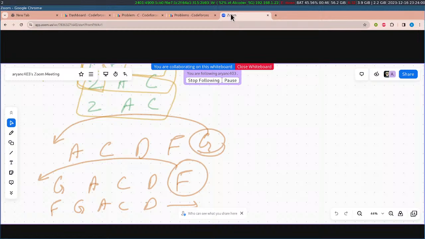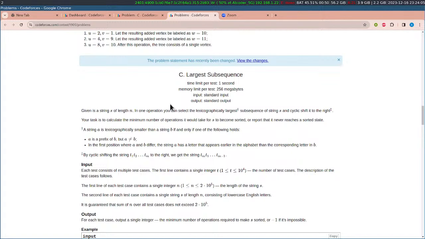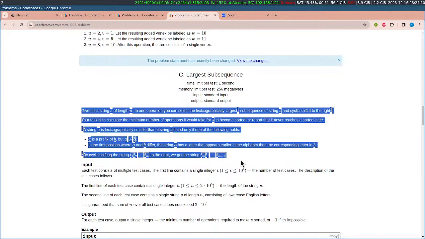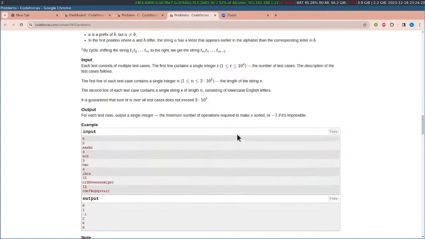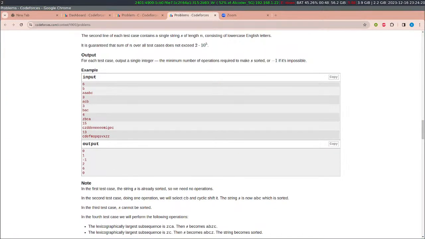So any questions so far, as in understanding what the problem statement asks us? Once you understand this, let's first try to find the lexicographically largest string in S. Let's take some examples from the problem statement itself.